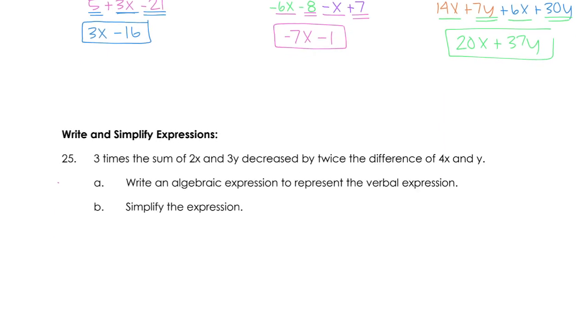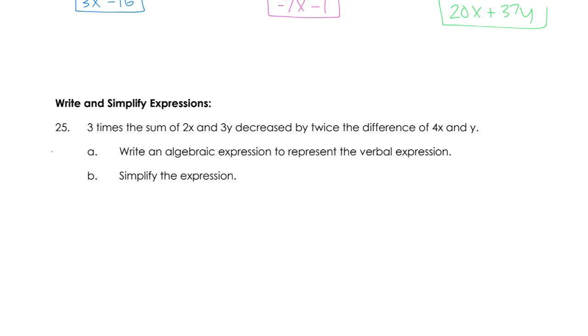Okay, and then on 25, we have a little bit of a word problem here. So you'll notice the first thing that they want us to do is write an algebraic expression to represent the verbal expression. So we've been doing this for a little bit now. 3 times the sum of, remember, of implies parentheses here. So we have 3 times the sum of 2x, sum means plus, so we're going to put 2x plus 3y.